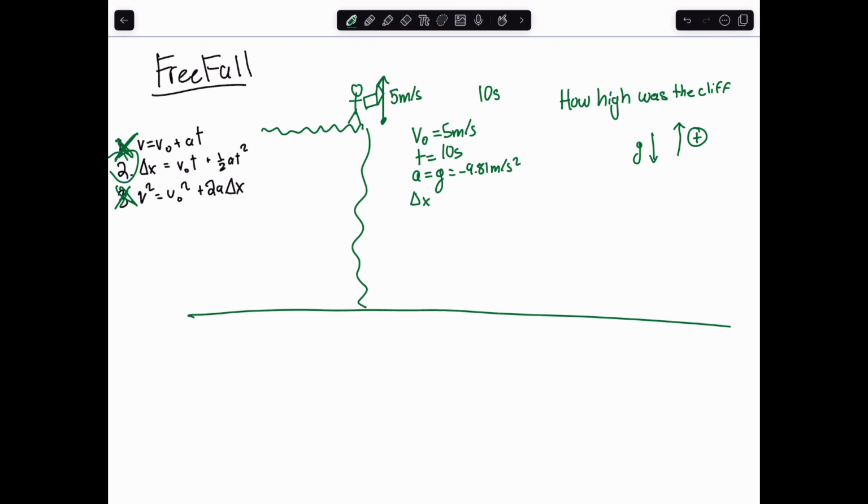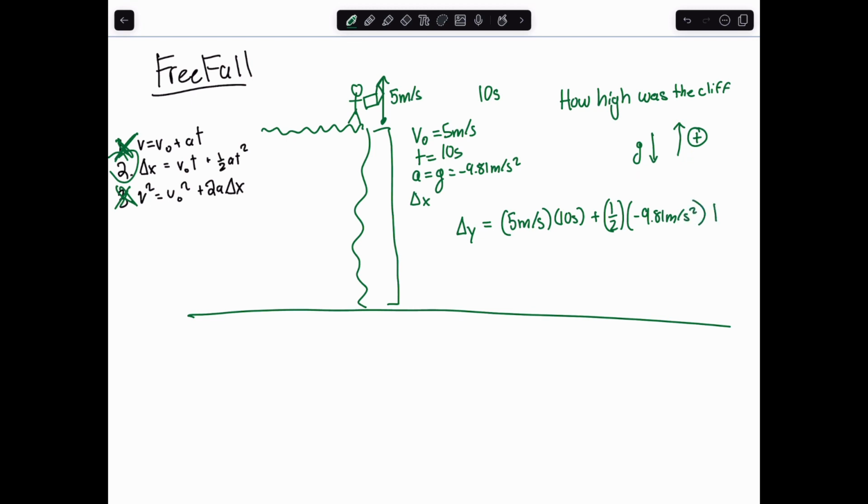First of all, I'm going to change delta x into delta y, because for me, delta y means vertical, and we're moving vertically. So I'll use that. V naught is 5 meters per second, upward. T, 10 seconds, plus 1/2 A, which is actually G, which is actually 9.81 meters per second squared, times T squared.